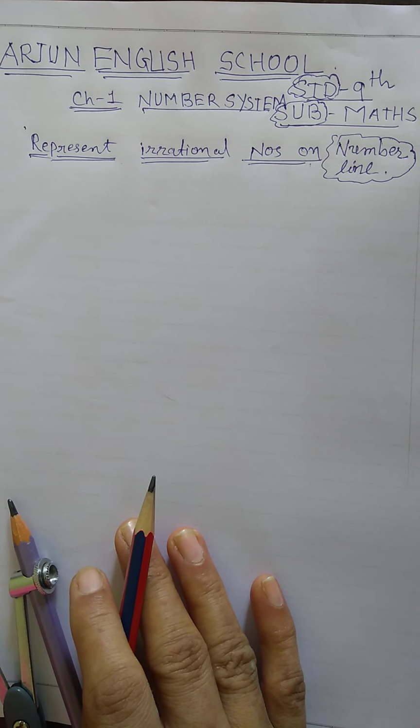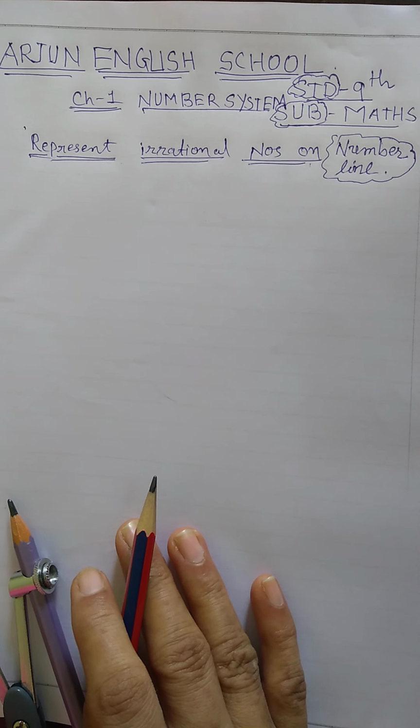These numbers are called irrational numbers because they cannot be written in the form of a ratio of integers. We know that there are infinitely many rational numbers. In the same way, there are infinitely many irrational numbers also.